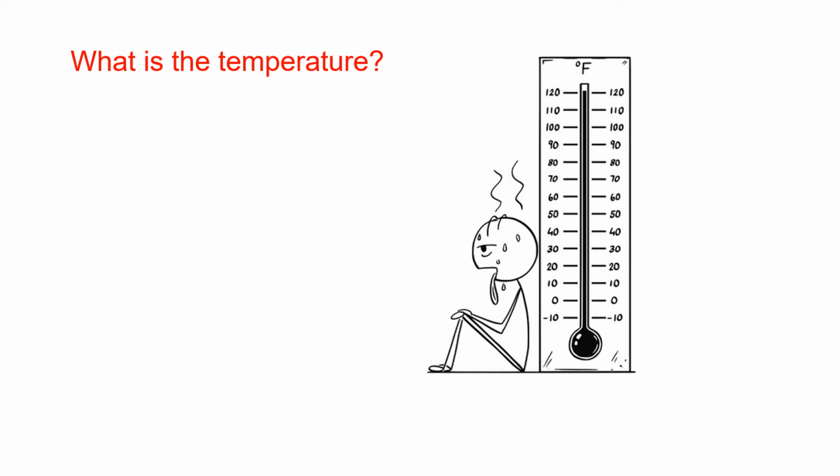The weather is really hot in those places. And look at the answer. It says it's 120 degrees Fahrenheit. Now you are going to repeat after me. It's 120 degrees Fahrenheit.